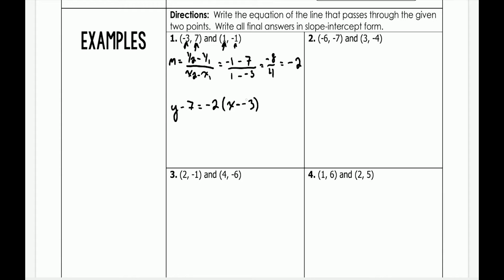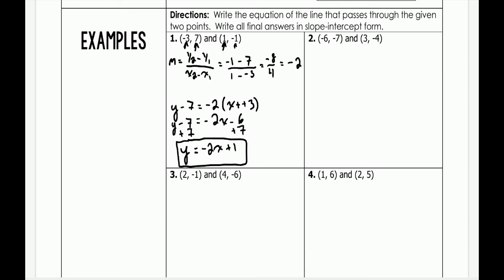Now we're going to change the minus and negative into a positive, and distribute the -2. We have y minus 7. We're going to add 7 to both sides, and we're left with -2x. -6 plus 7 is plus 1. And that would be our slope intercept form.